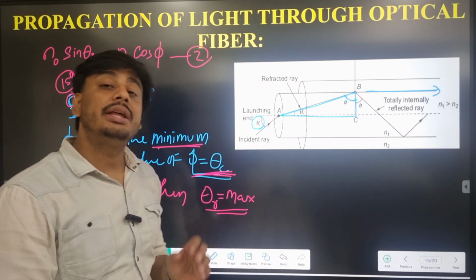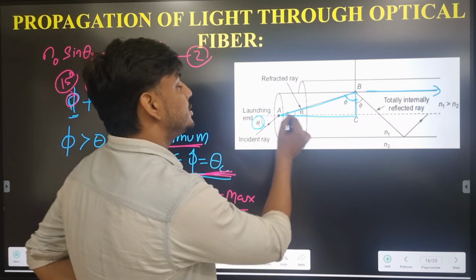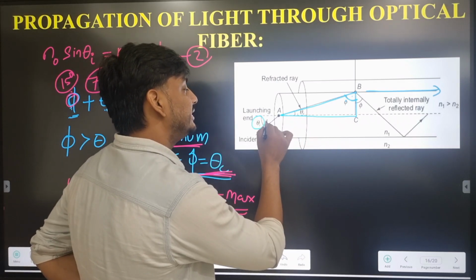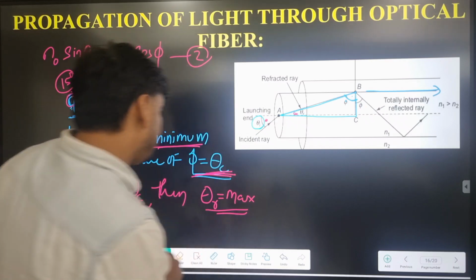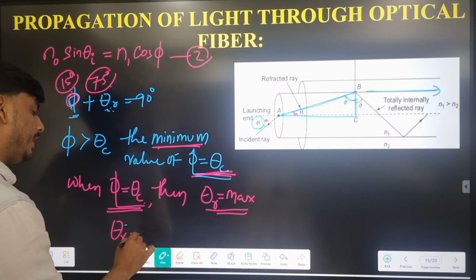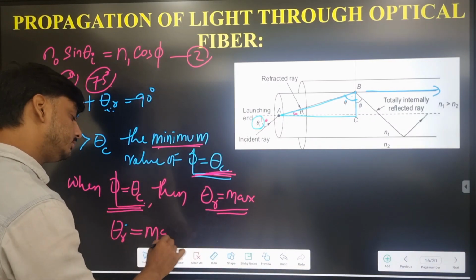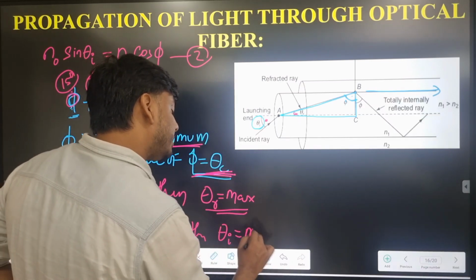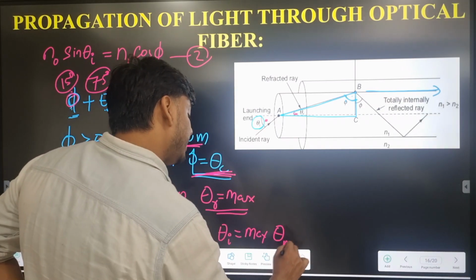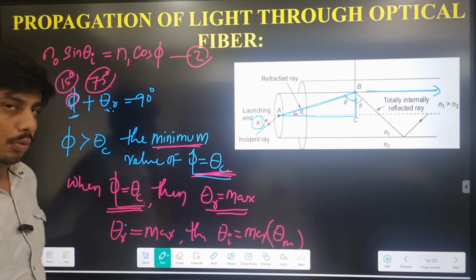Clear? This is angle of incidence, this is angle of refraction. If theta r is maximum, then theta i is also maximum. Let theta m we have written as maximum. Then how?